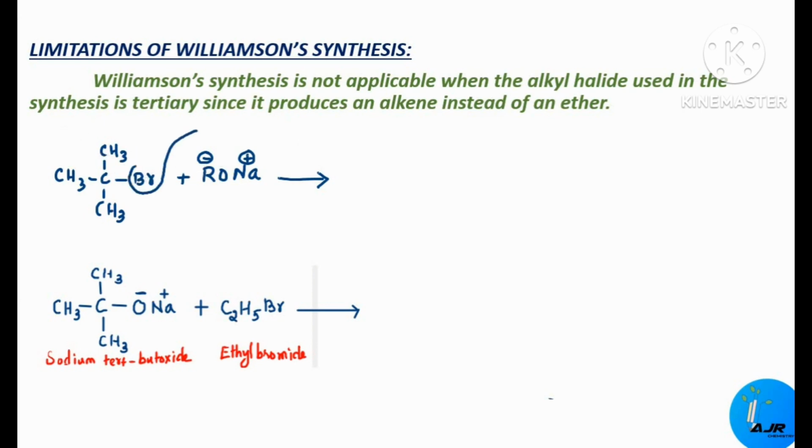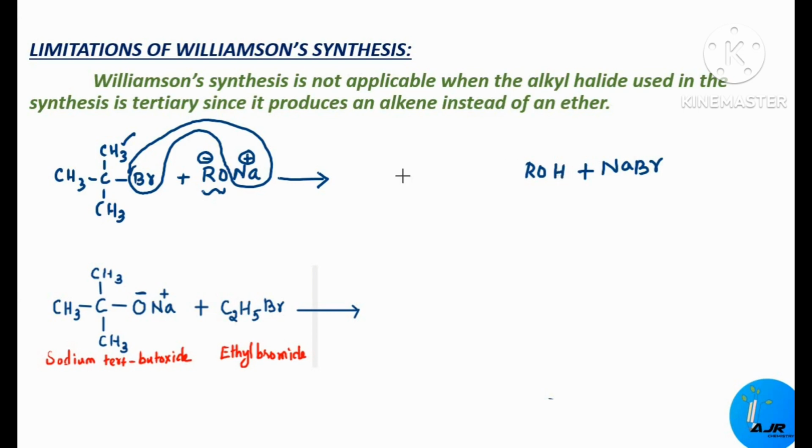Br will be reacting with sodium, and we'll get sodium bromide. That's one of the products. Then this RO and one hydrogen from this methyl group will be removed as ROH, alcohol.